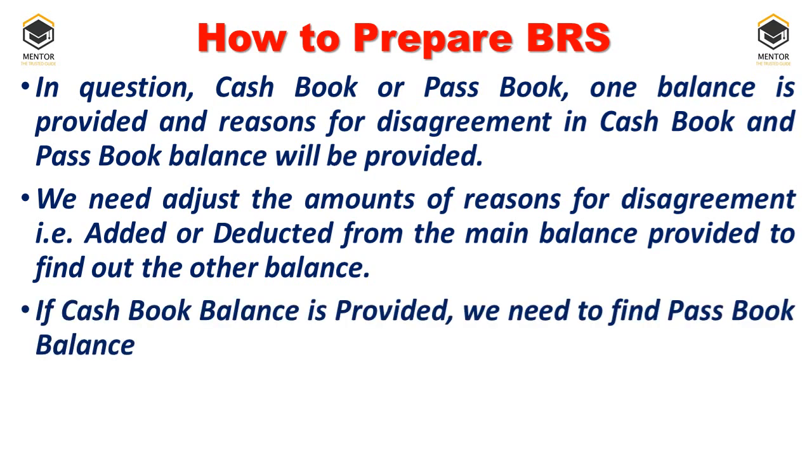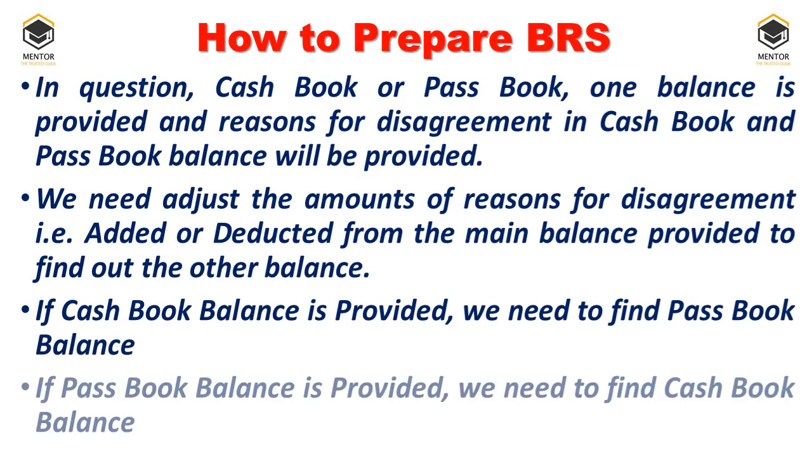Suppose if we are given the cash book balance, we need to find out the passbook balance. If we are given the passbook balance, we need to find out the cash book balance. This is what we are going to do in our entire BRS problems, right? So I hope I made you understand.